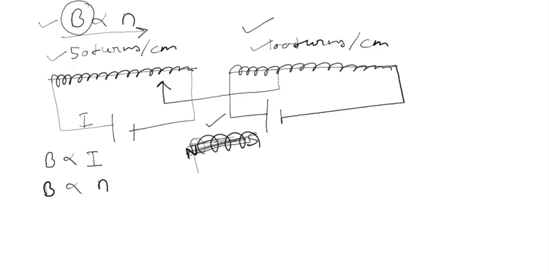If we want to increase the magnetic strength more, what we need to do is reduce the air gap between the ends of that rod, that core material. That means if we bend it and make a U-shaped core material, it will have stronger magnetism.